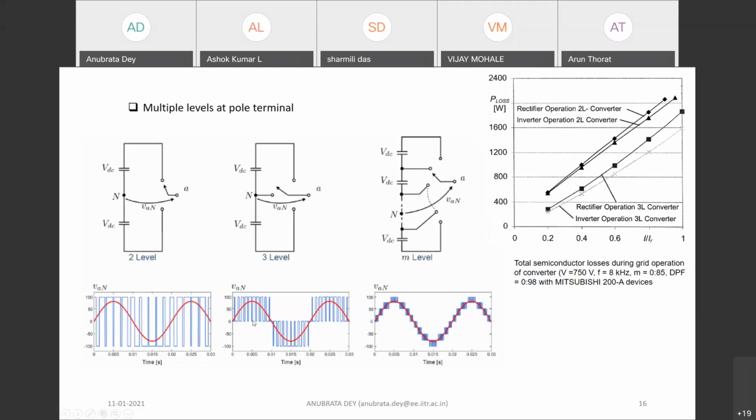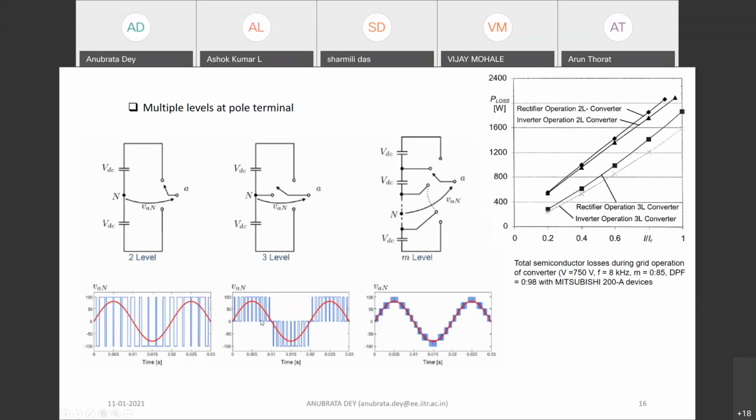You also have zero level of the voltage, so you can jump between zero and plus VDC, and in the other half you can jump between zero and minus VDC. So obviously you have less dV/dt, as I said earlier, and there are different implications in terms of common mode voltage, better common mode voltage also.